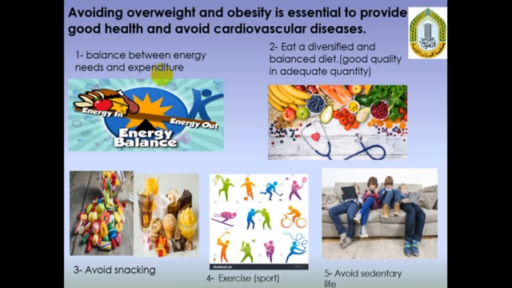Be careful for your food diet. 2. Eat a diversified and balanced diet, which is of good quality and adequate quantity. 3. Avoid snacking. 4. You must do exercise and avoid a sedentary life.